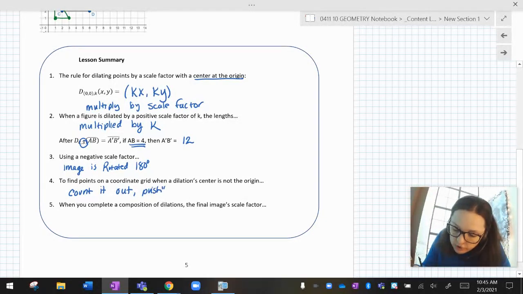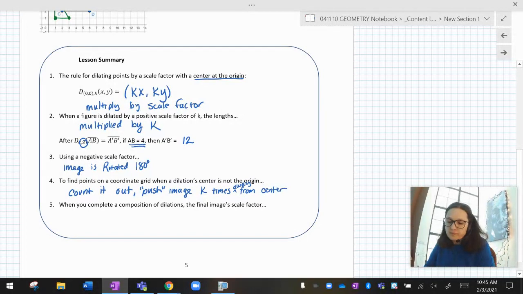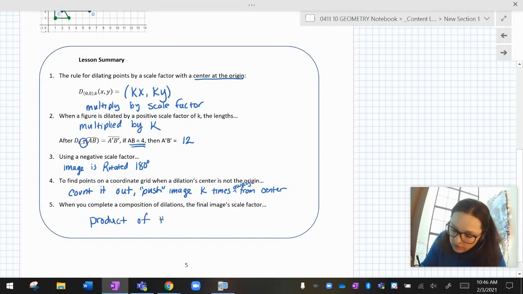And you basically push the image k times away from the center. And last but not least, when you complete a composition of dilations, the final image of scale factor is the product of the scale factors used.